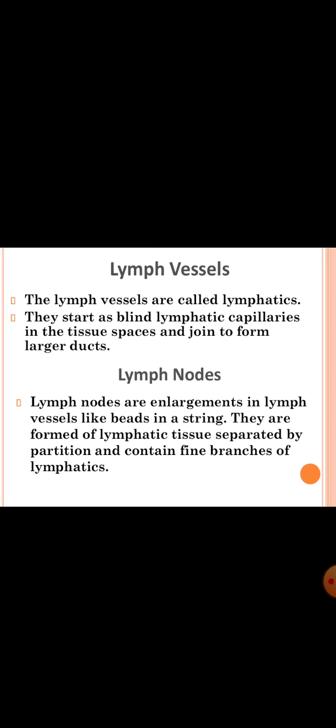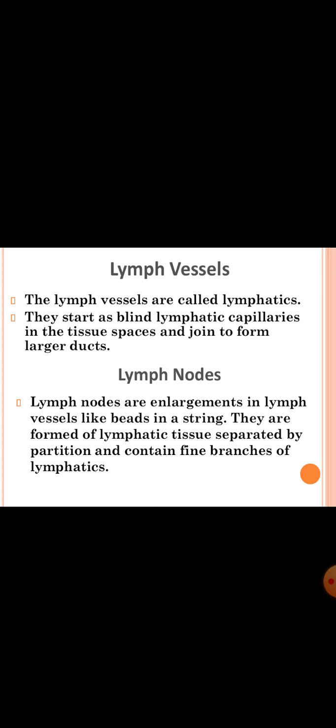Next is lymph vessels. They are also called lymphatics, and they start as blind lymphatic capillaries in the tissue spaces and join to form larger ducts. The lymphatic capillaries arising in the intestinal villi are called lacteals, and these absorb digested fat from the intestine as chylomicrons.